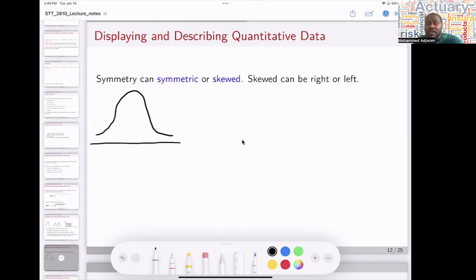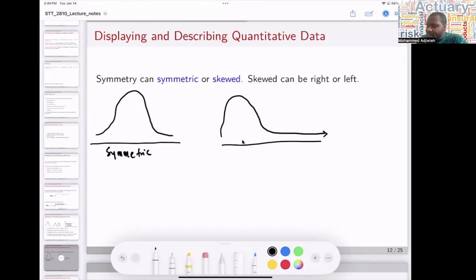And you are able to tell whether a distribution is right skewed by looking at the tail, and whether it's left skewed also by looking at the tail. So for example, we know that this is symmetric. If you have situations like this, you see the tail is pointing towards what?